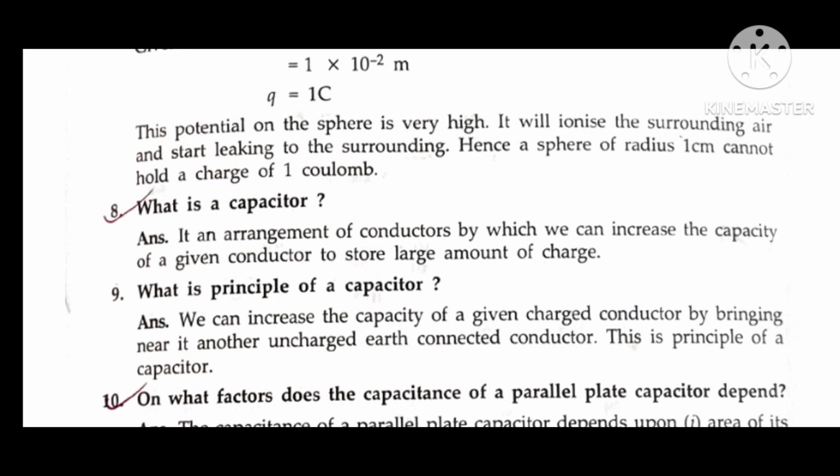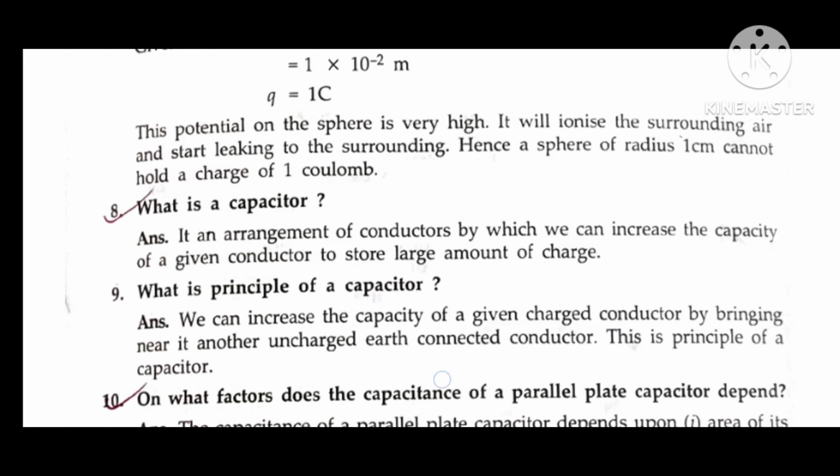What is a capacitor? It is an arrangement of conductors by which we can increase the capacity of a given conductor to store a large amount of charge. What is the principle of a capacitor? We can increase the capacity of a given charged conductor by bringing near it another uncharged earth-connected conductor.